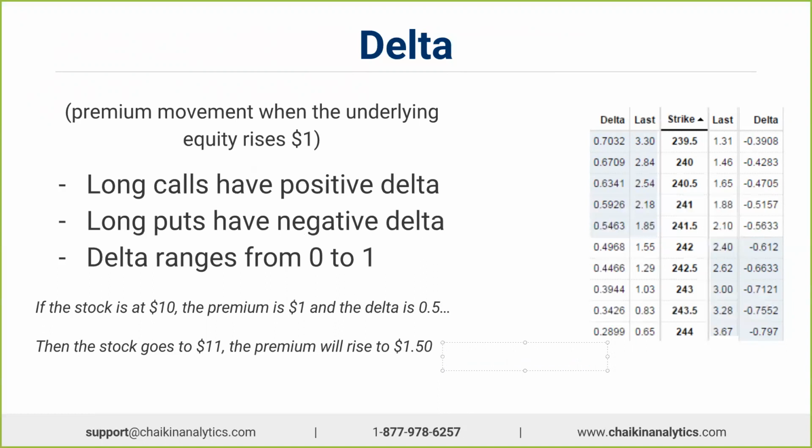Why doesn't Chaikin promote buying options with a high delta as a stock replacement? To be perfectly honest, we don't really promote any buying or selling options. What we want to do is help people understand what option strategies are appropriate for what. So if you want to do a stock replacement strategy with a very, very high delta, that's fine.